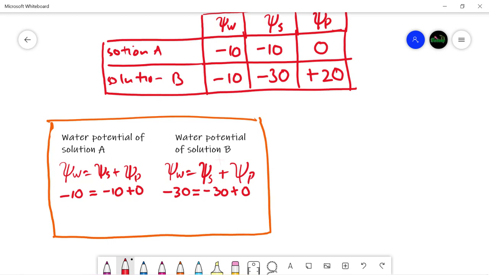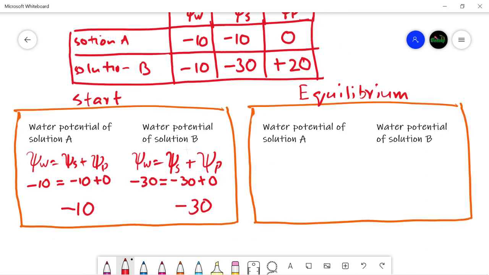This was the situation at the start of the experiment. So what we get, minus 10, and on this side minus 30. For solution A and solution B, both the water potential as well as the solute potentials have the same values.